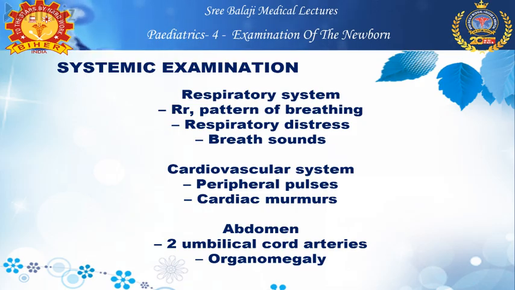If it is a murmur due to any cardiac problem, we have to record it, and that has to be followed with an echo. In the abdomen examination, always look for 2 umbilical arteries, and if there is a single artery, we have to do an ultrasound abdomen to rule out intra-abdominal anomalies.